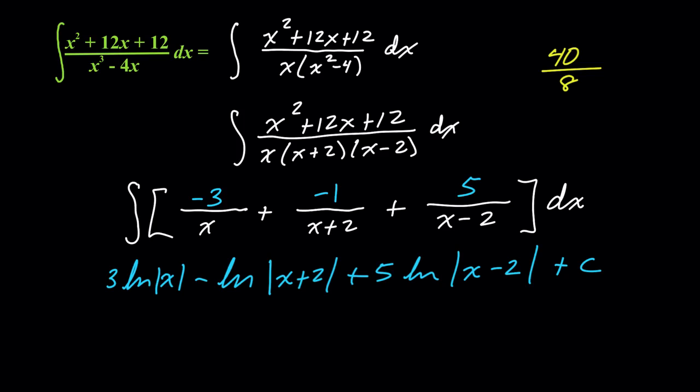Now, one of the things you have to make sure that you are careful of, notice that these were all natural logs, and if you use u substitution, the derivative of your denominator is just 1 dx. Sometimes these factors will be written the other way around and be something like 2 minus x.